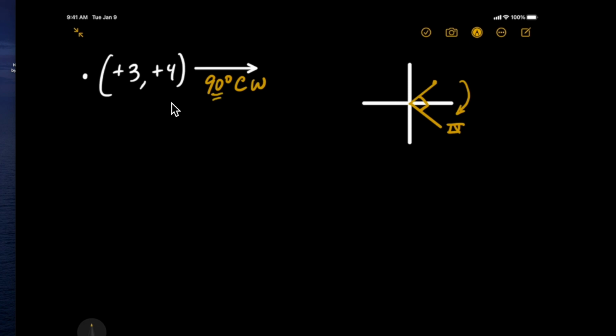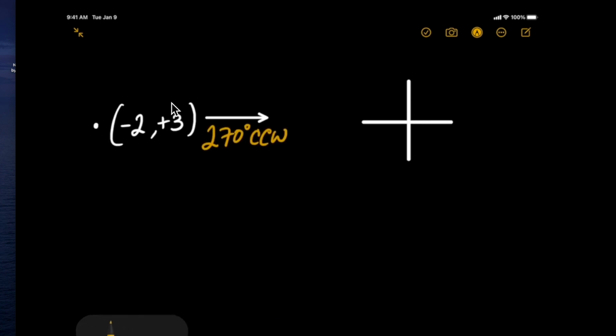Because this is 90 degrees, we're going to flip the location of the integers. We're not going to look at the sign until the very end. Now we're in the fourth quadrant. In the fourth quadrant, the x value is positive and the y value is negative. That is our final point.